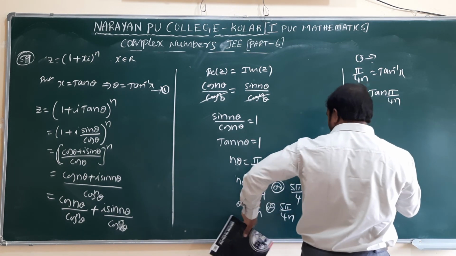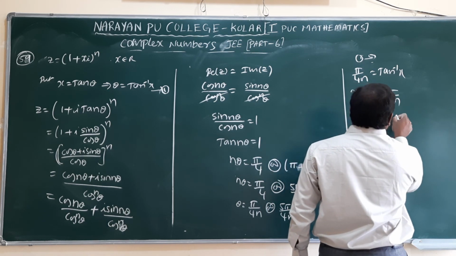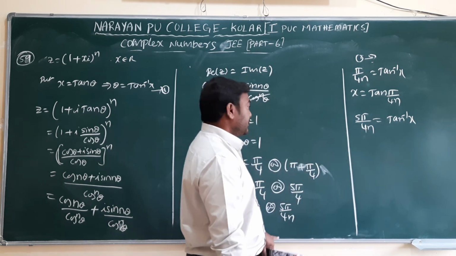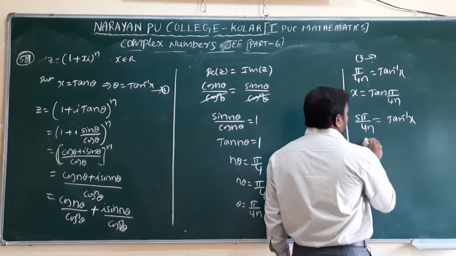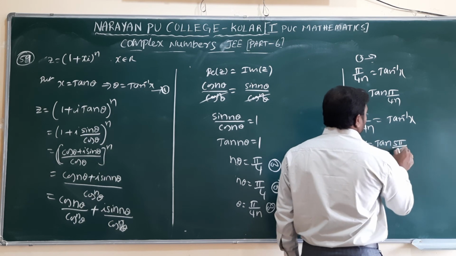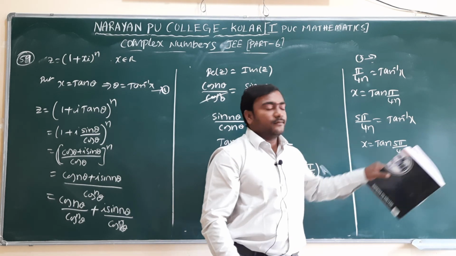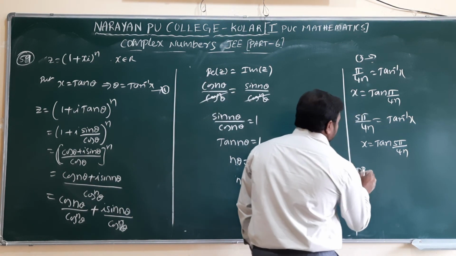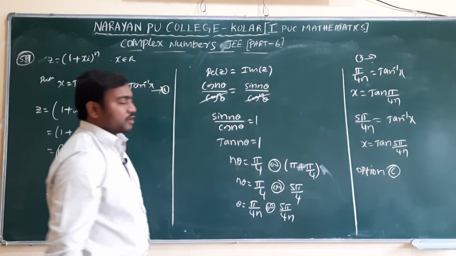In the options, only x equal to tan(5 pi by 4n) is given. Option C is the correct option.